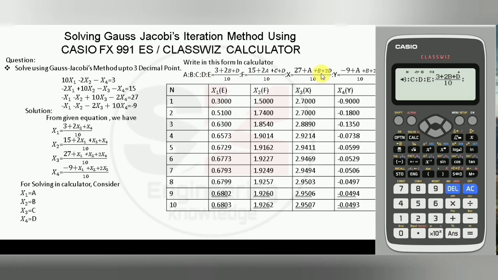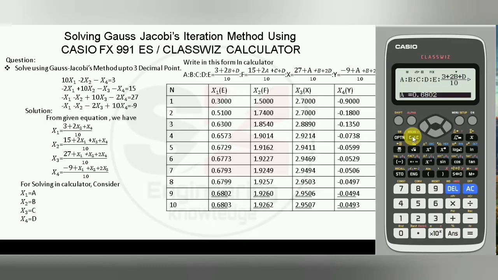We are just typing this expression or this equation in this calculator. Then by typing all these equations in this form up to this level, that is up to Y equal to minus 9A plus B plus 2C by 10, up to this term. Then after typing, we have to press the CALC button for solving the equation.